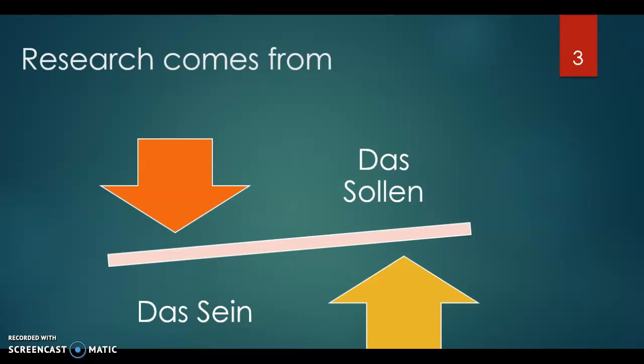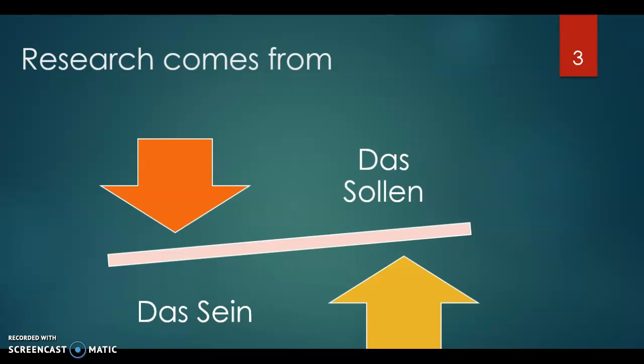When you can see the gap between what is expected, the ideal one, and the reality, if you can identify the gap, that is the chance for you to do a research, to build the bridge between the gap and the expectations.